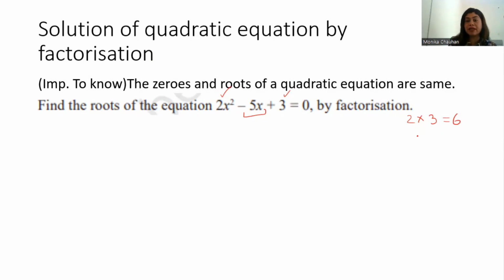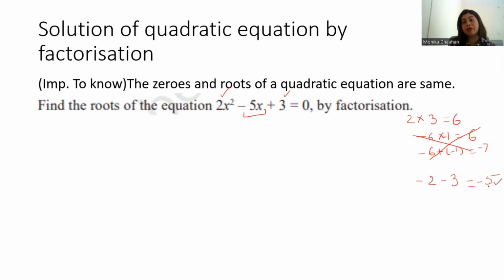If I take minus 6 and minus 1, I get a product of 6, but the sum is not minus 5. So I'm deciding I will not take this. Let's take another one. If I take 2 and 3, which makes 6, and minus 2 and minus 3, that also makes a product of 6, and their sum is minus 5.